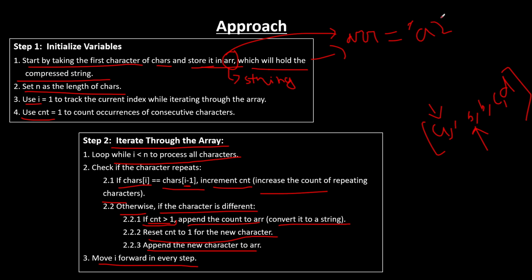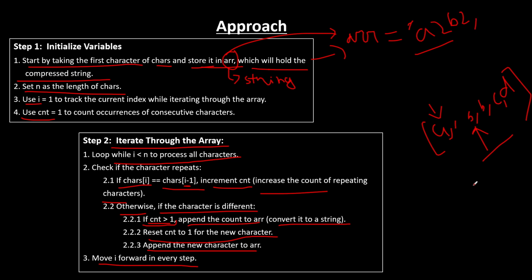After converting, we will store it in the array, or append it to the string of the array, right? We will reset the count to 1 again because now we have got the first new character. So we will start again with 1, right? And append the new character to the array. Now we have done this, right? We have to append B to it because in the following characters, we will be counting how many times B is appearing. I will directly append the count next to the B, which is 2 here.